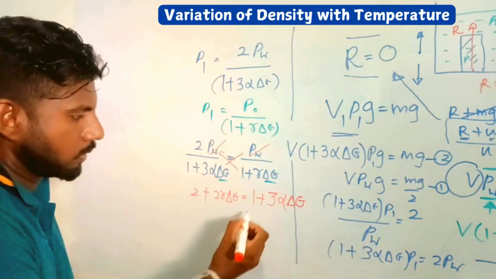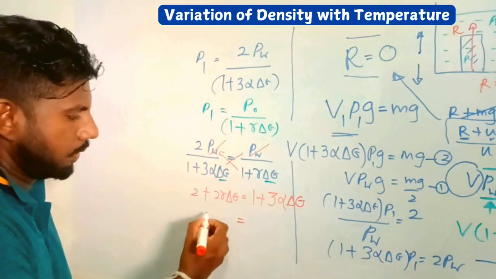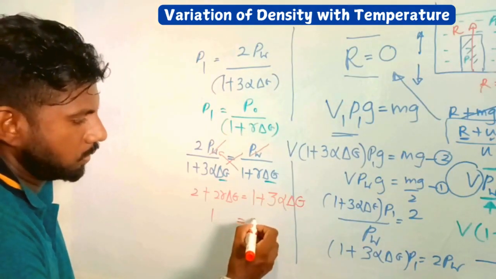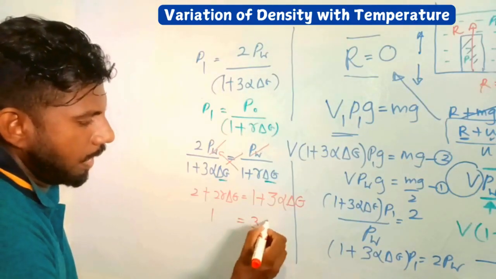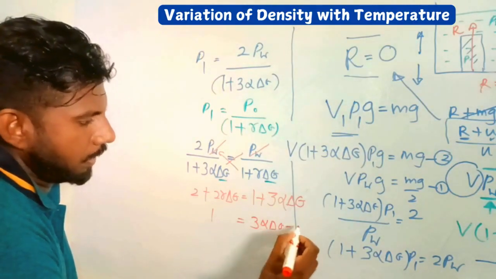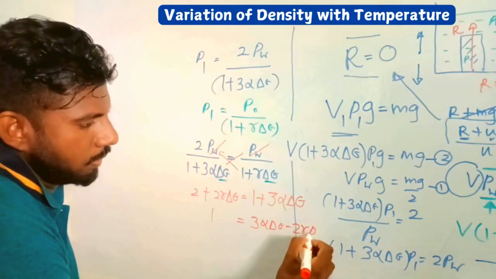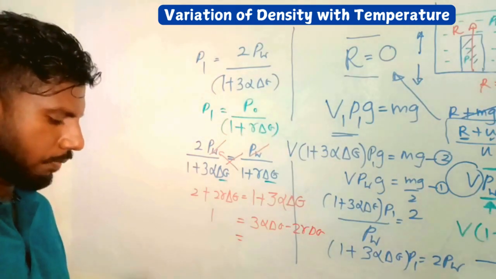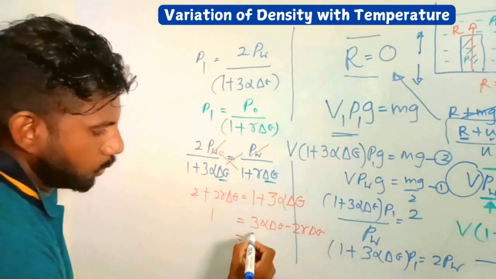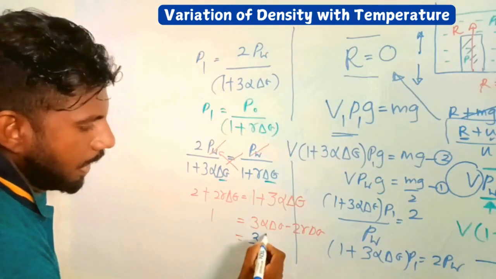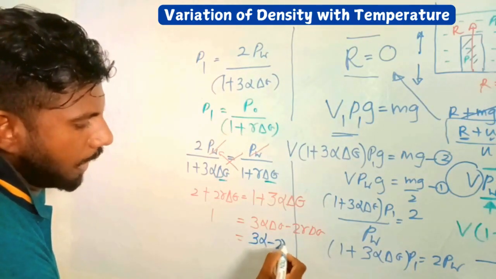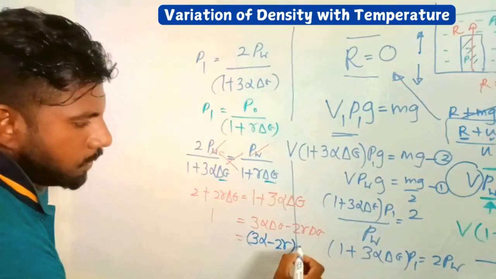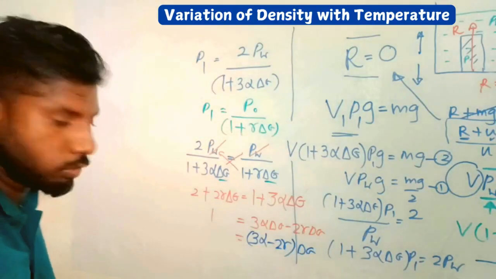So I am bringing this here and this there. So 1 equals 3 alpha delta theta minus 2 gamma delta theta. Easy. Now I am making delta theta the subject: 3 alpha minus 2 gamma, times delta theta. Take it out.